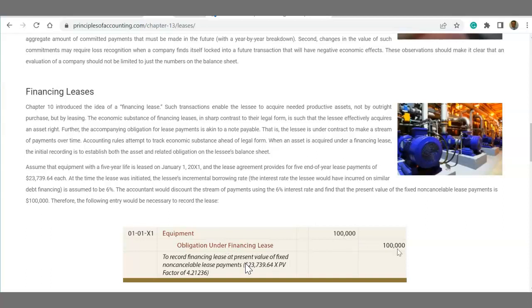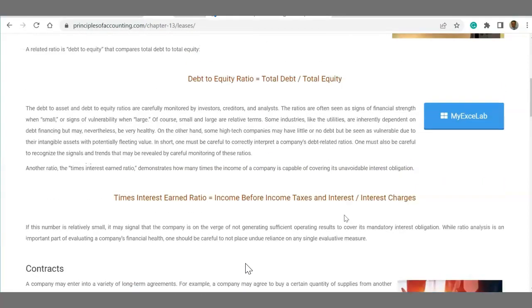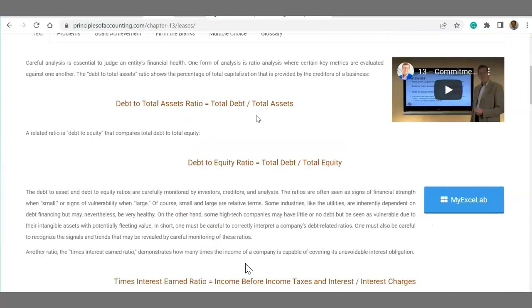So that's another $100,000 in the long-term liability section. Because of this, asset goes up and liability goes up, and these ratios will be messed up. When the ratios get worse, the company becomes more risky.